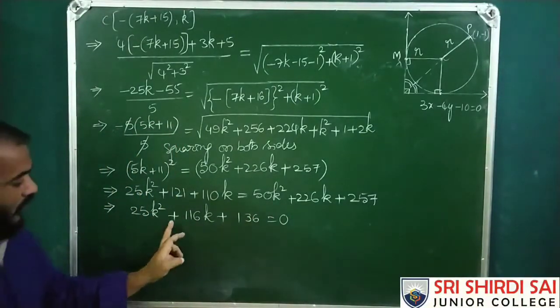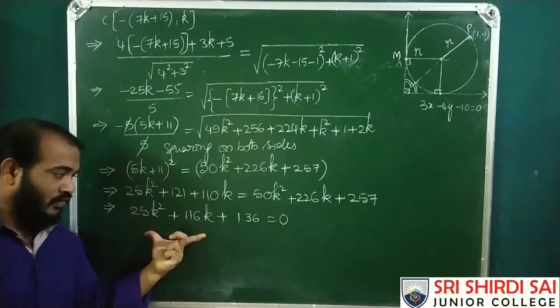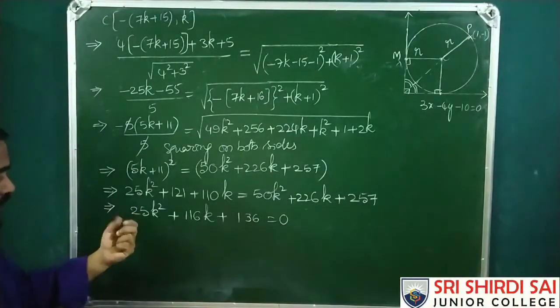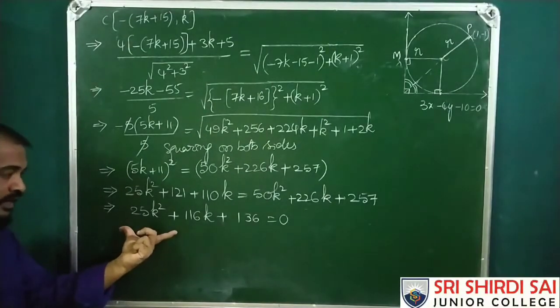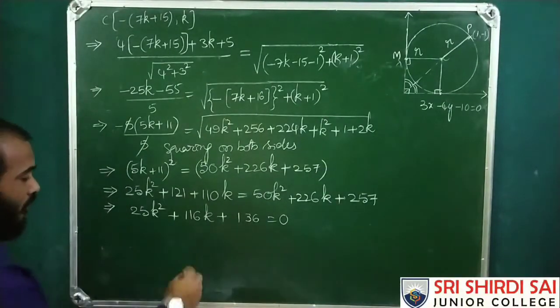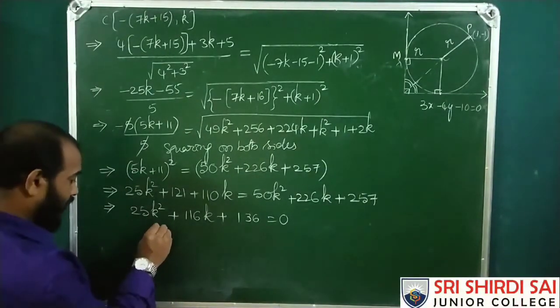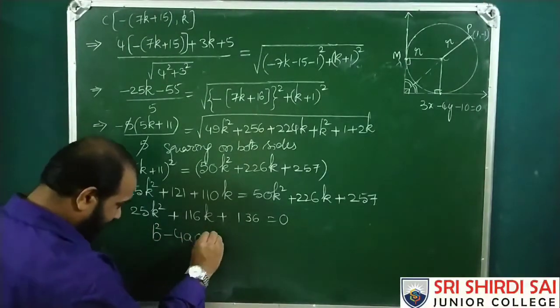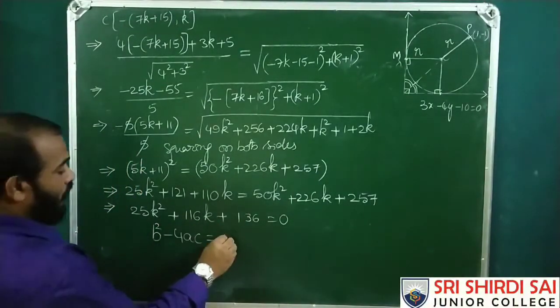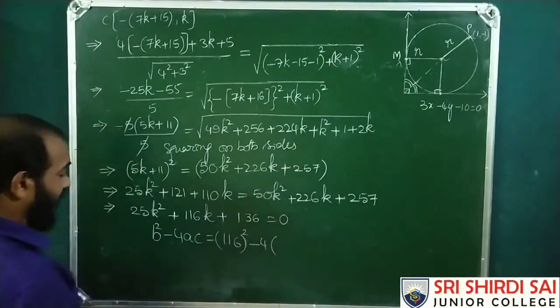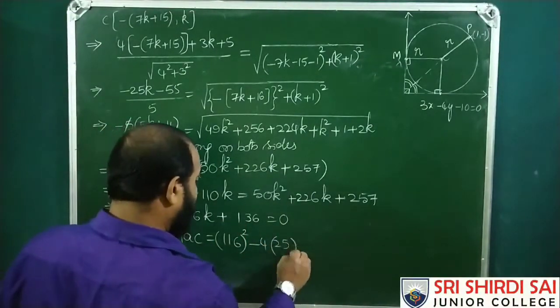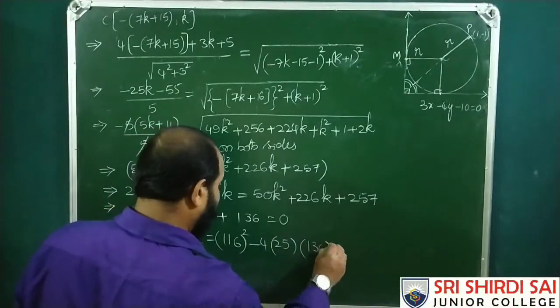So this is a quadratic equation in terms of k. So whether the roots are possible or not can be ascertained by the discriminant b square minus 4ac. So b square minus 4ac, let us check this. So 116 whole square minus 4ac, 25 into 136.